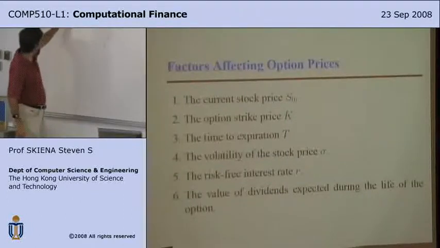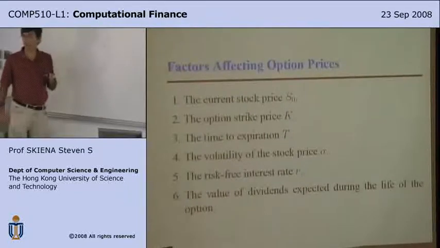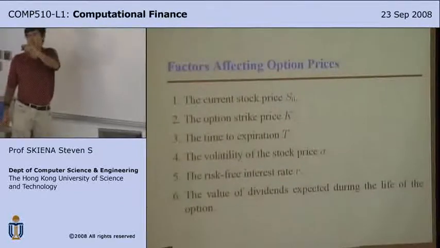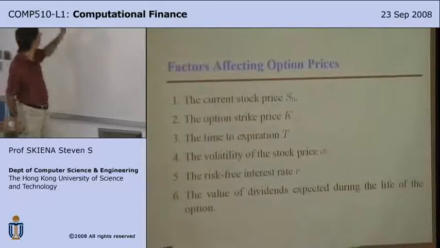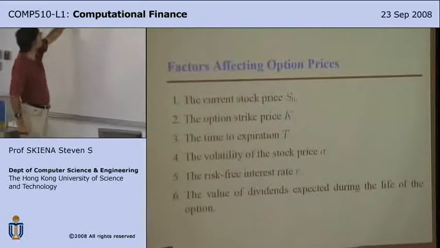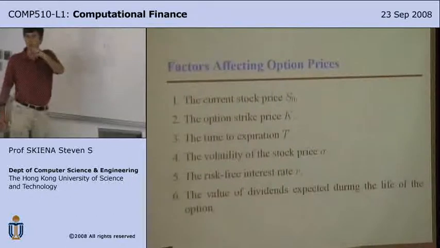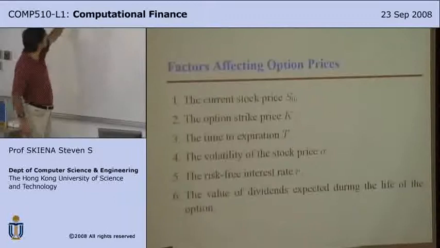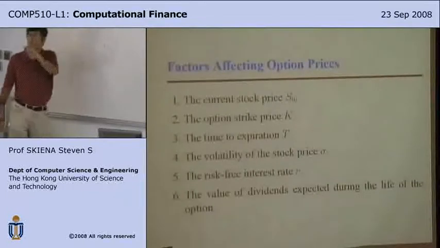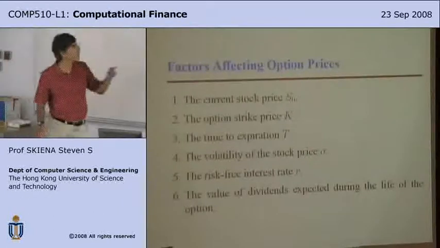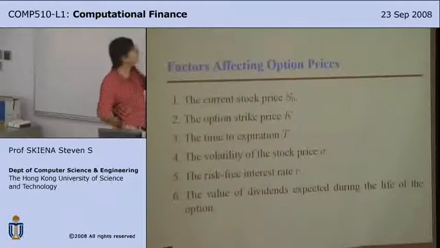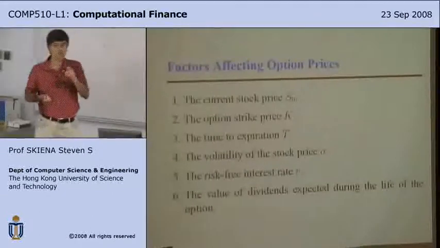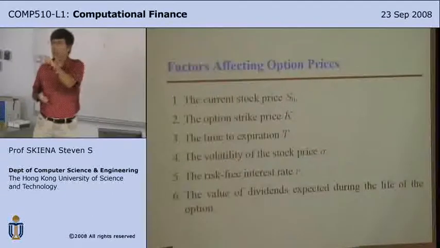If the spot price goes up, it means we are closer to the hurdle where we make money. And if it's gone up past this and keeps going up, the further it goes up, the more profitable our option is. Of course, if it starts to go down, the option should be worth less. Does that make sense? So it should be clear that the current stock price affects the price of the option. Any questions about that?